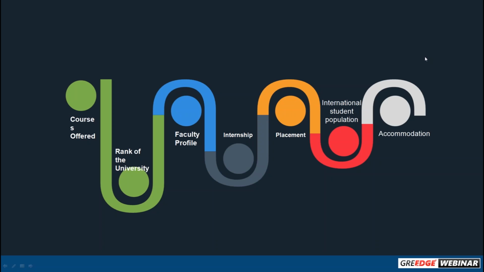For any department, need not be English, need not be chemical, I would say focus on the courses offered. Look at the rank of the university, the faculty profile, and your internship. Faculty profile is really important because of the funding. There's a system in the US where a faculty member should publish papers.